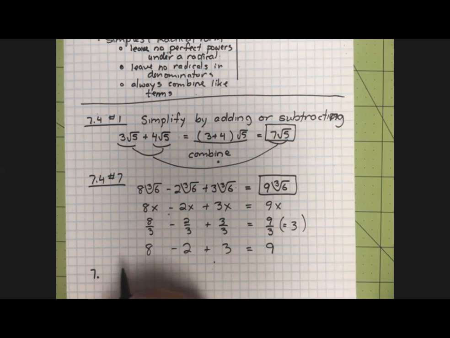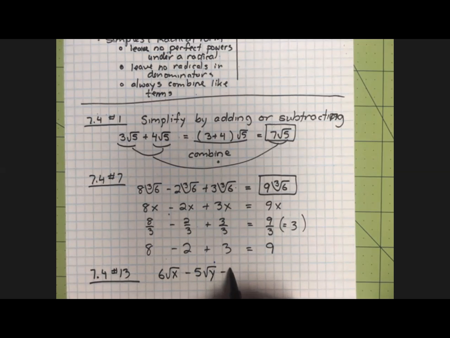Let me try this. 7.4 and number 13. What happens if everybody is not the same? Let's say you had 6 root x minus 5 root y minus 4 root x minus 7 root y.